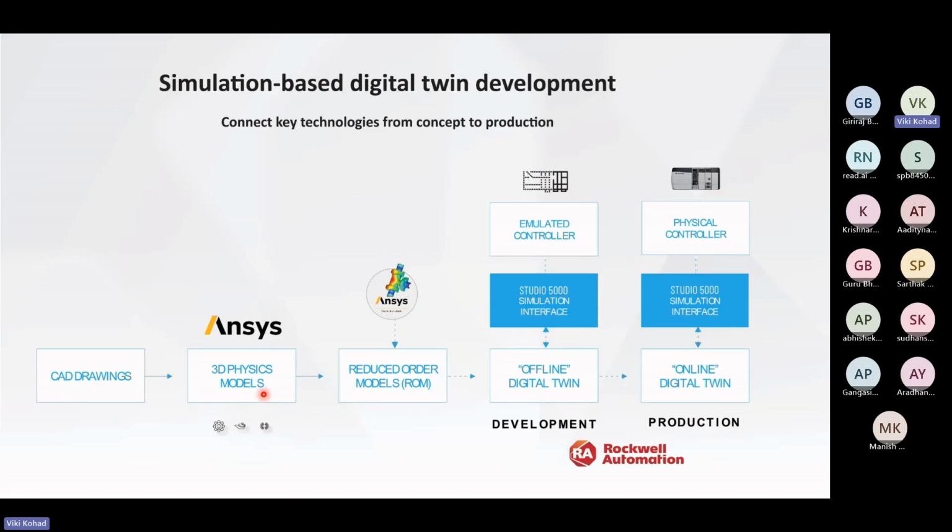Because it gathers the dominant data from the 3D physics models, the accuracy is not changing. Whatever accuracy you have in your high fidelity model, you can get the same accuracy using the ROM model. The difference between these two simulations is that the 3D simulation takes more time. If one simulation takes 10 hours, then by using the ROM models you can get the results within a minute, or within 1 hour.